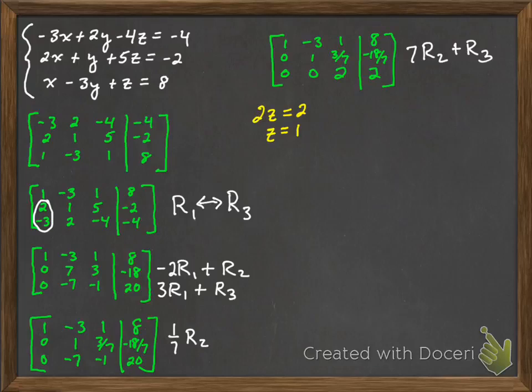The middle equation is 1y, so just y, plus 3/7 z equals -18 over 7. Well, we know the z value is 1, so 3/7 times 1 is just 3/7.